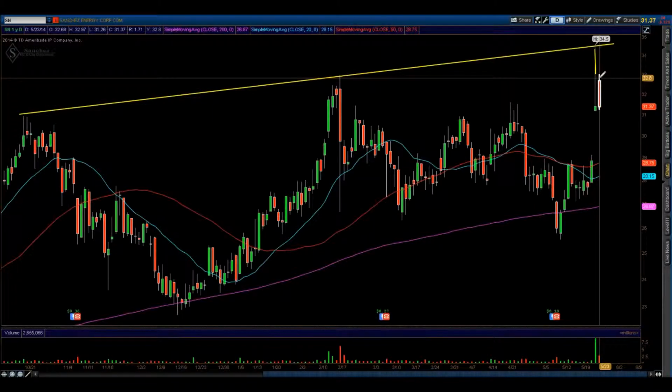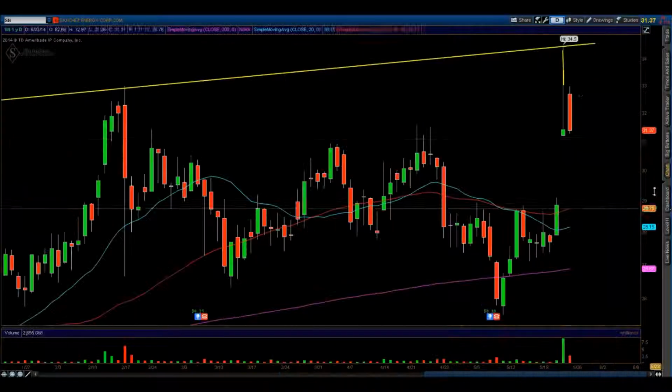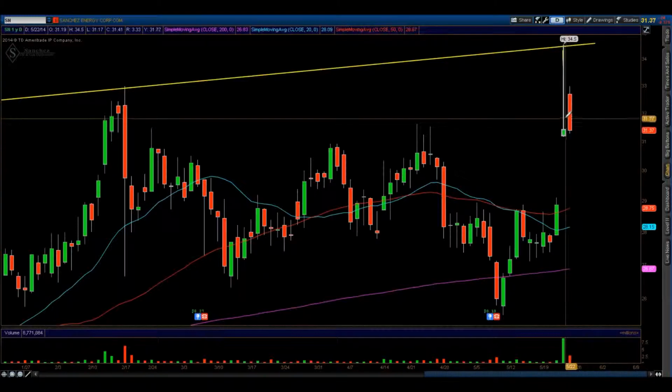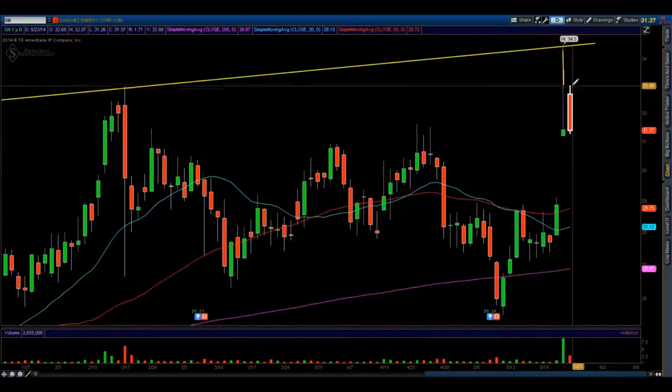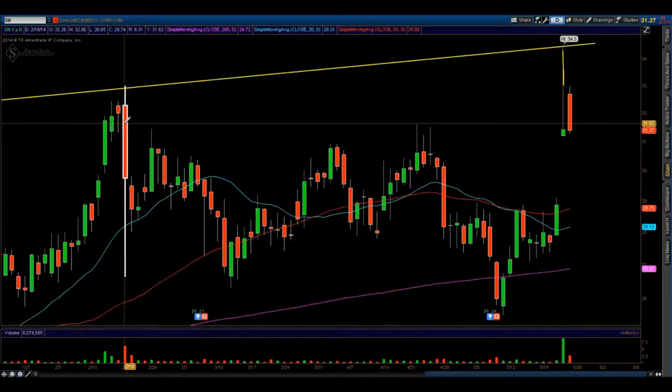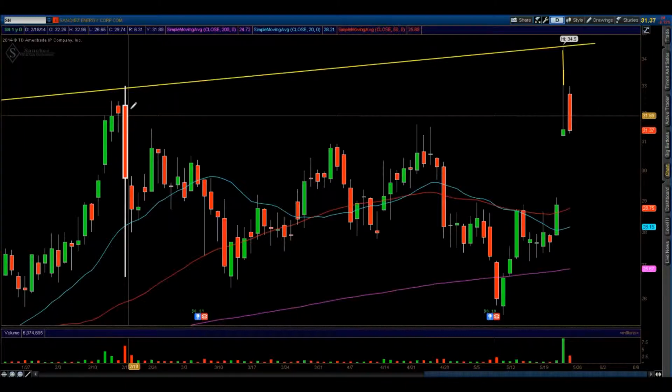Friday, you could have played it again, and if you're wondering how could you have predicted this high here, 32.97 was the high here. Check this out. Look at this high right here, 32.96.